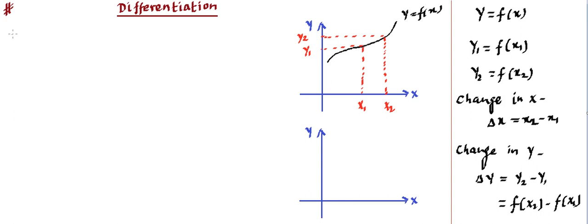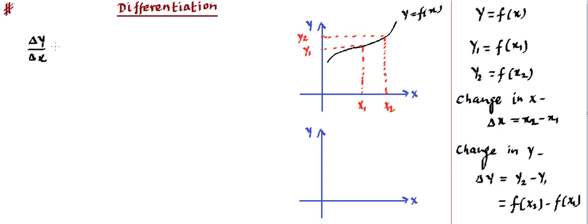Suppose we move ahead and we are talking about change in y with respect to change in x. If we are trying to find this number delta y upon delta x, that's going to give us very important information about how the function changes. This is going to say what is the change in the function value when we change x by delta x. So delta y is the change in the value of the function when we bring the change in x by delta x.